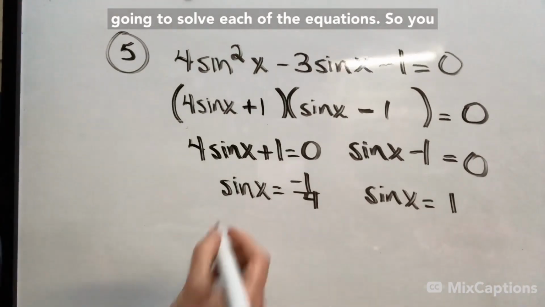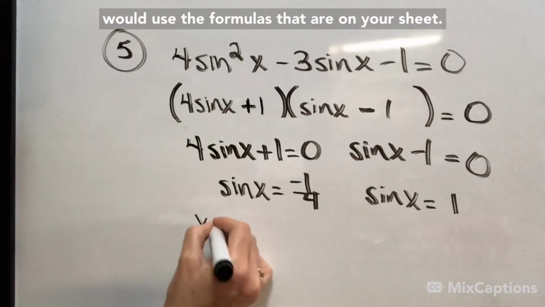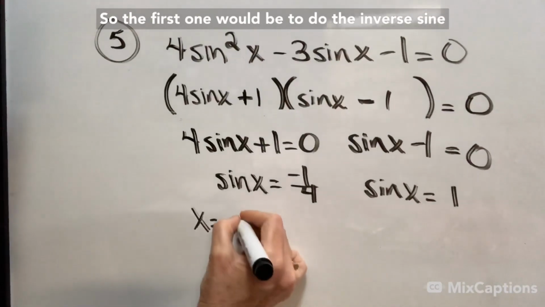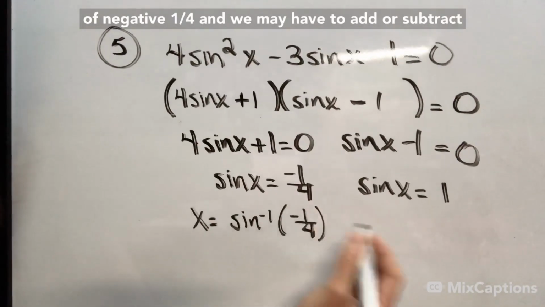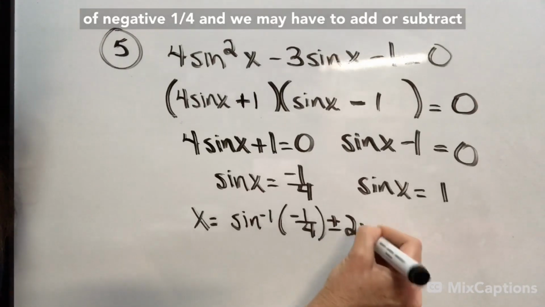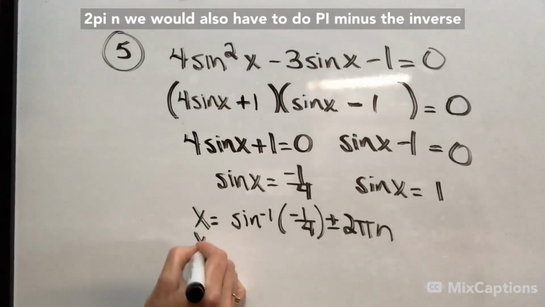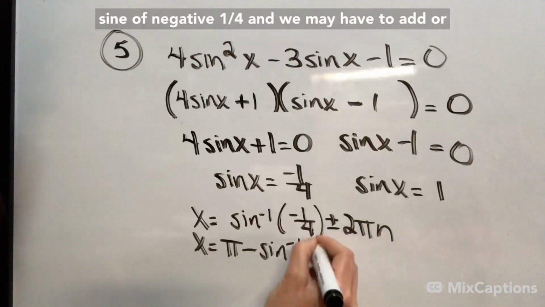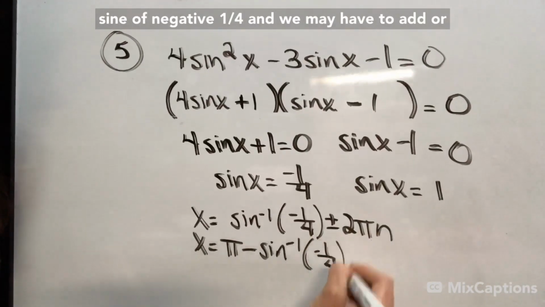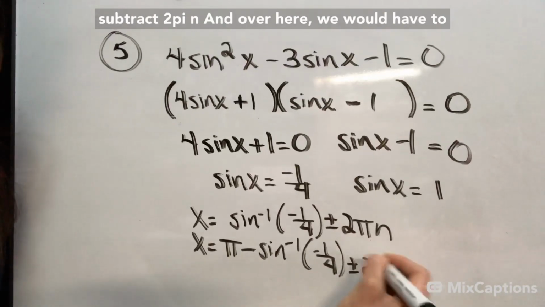Then you're going to solve each of the equations. So you would use the formulas that are on your sheet. So the first one would be to do the inverse sine of -1/4, and we may have to add or subtract 2 pi n. We would also have to do pi minus the inverse sine of -1/4, and we may have to add or subtract 2 pi n.